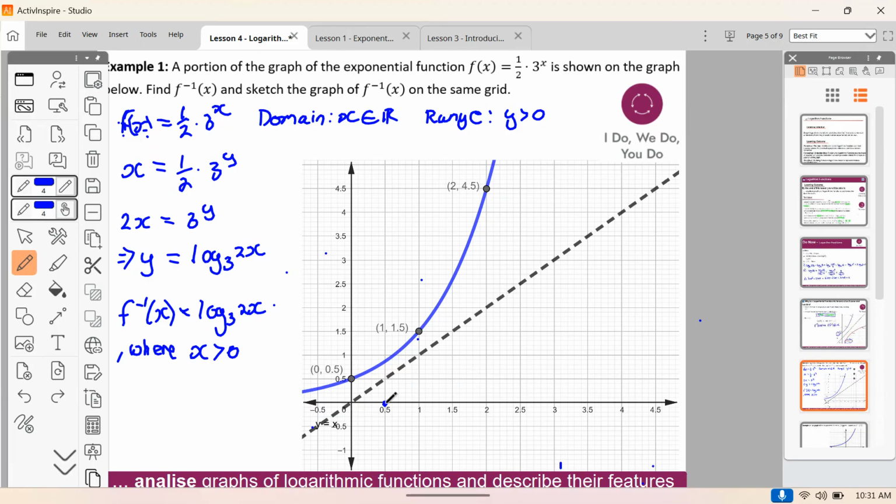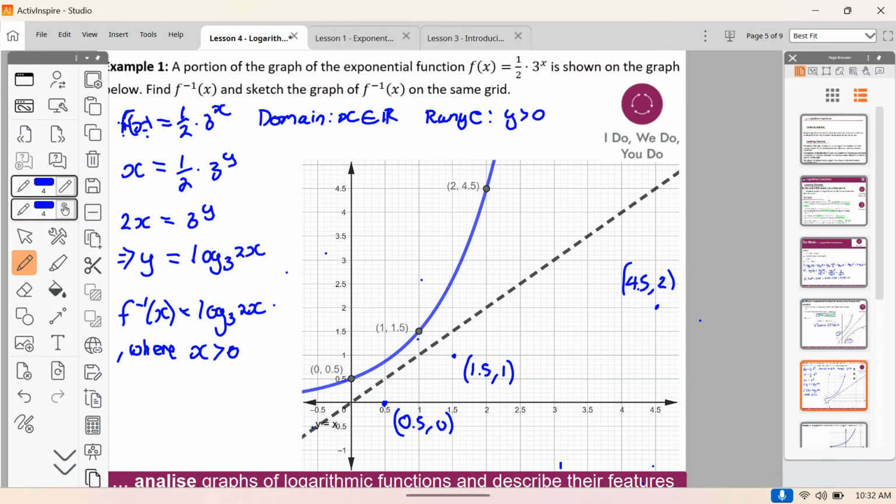This is going to go through here at 0.5, 0. It's going to go through here at 1.5, 1, and it's going to go through 4.5, comma 2.